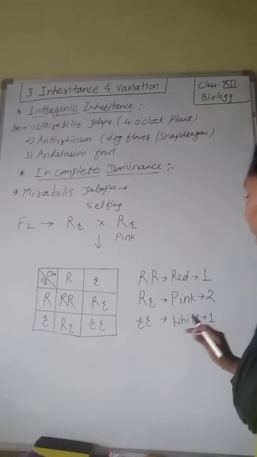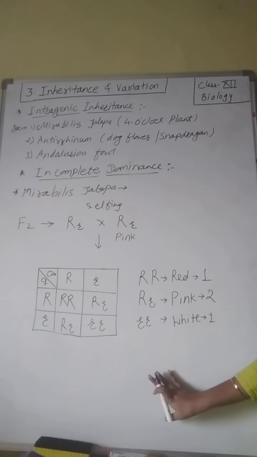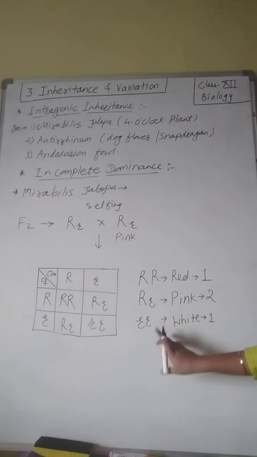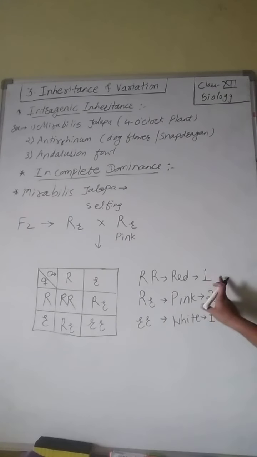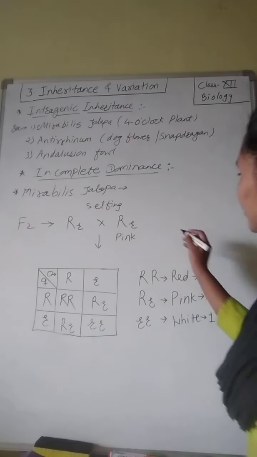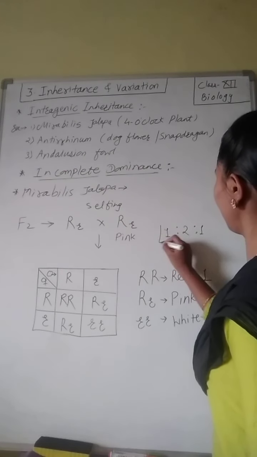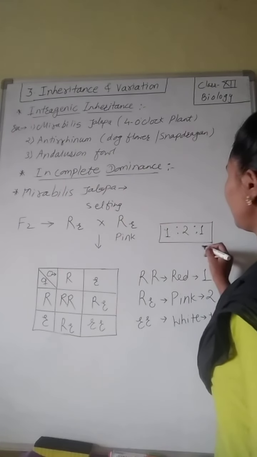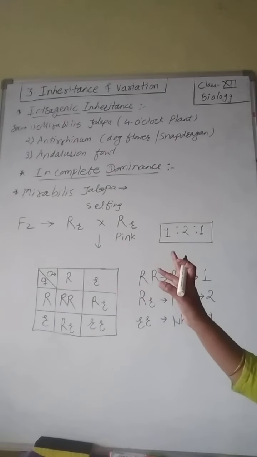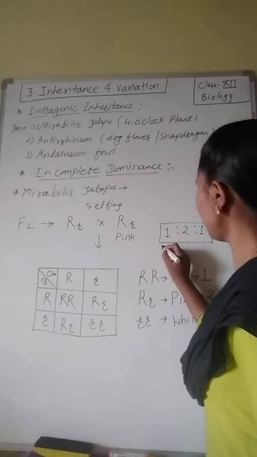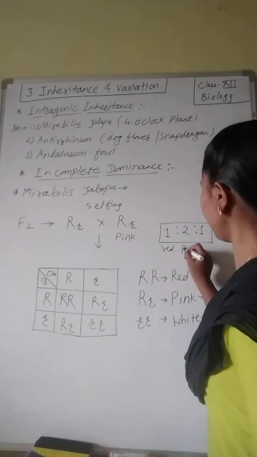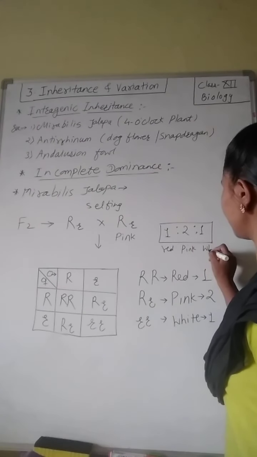So in the F2 generation the ratio of red, pink and white is 1:2:1. This is both the genotypic ratio and the phenotypic ratio.